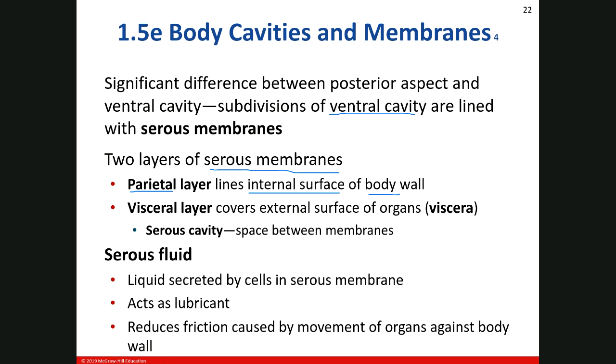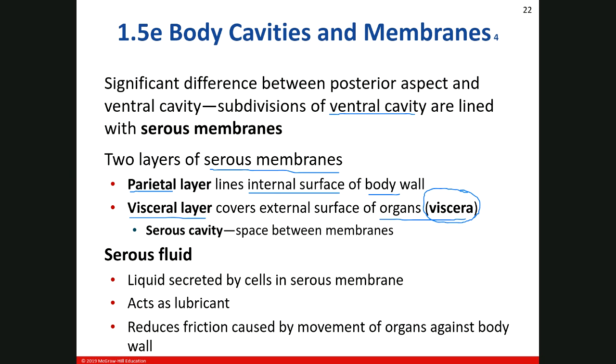The other layer is going to line the organs. Another name for organs is viscera, so we call that the visceral layer. If I were to reach into your chest and pull out your heart, what I'm seeing is the visceral layer.